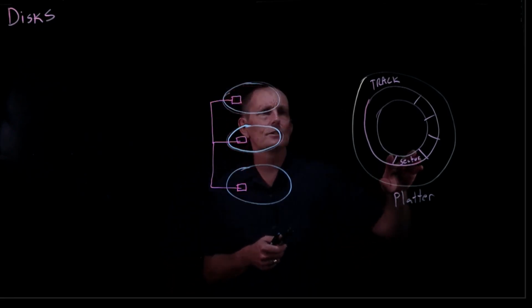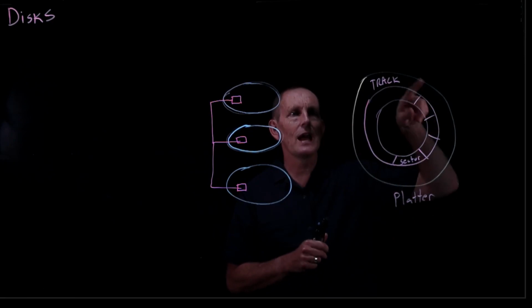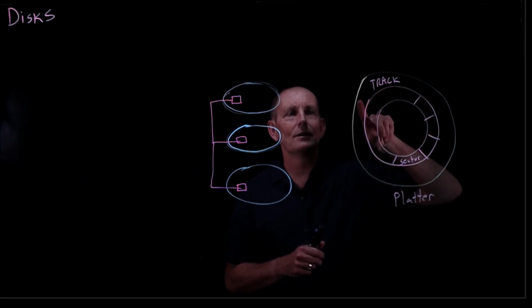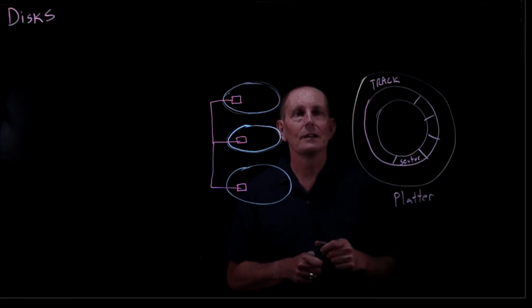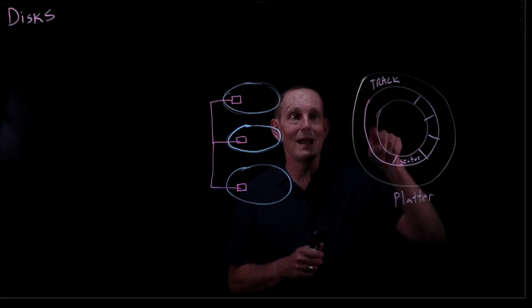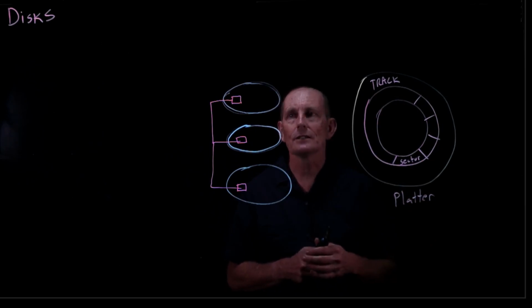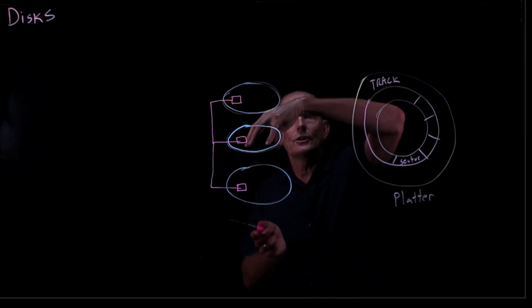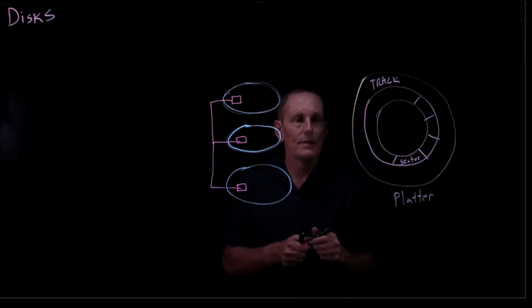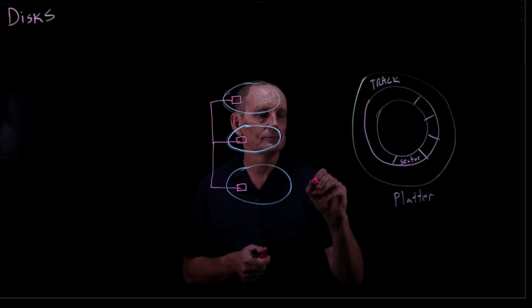One thing to know about these sectors: these sectors are not even angles. We have more sectors on the outer tracks than we do on the inner tracks. The reason for that is just there's more magnetic media there. There's more area on the outer tracks than the inner tracks. When we look at a particular track across all of the platters, that ends up with what's called a cylinder.